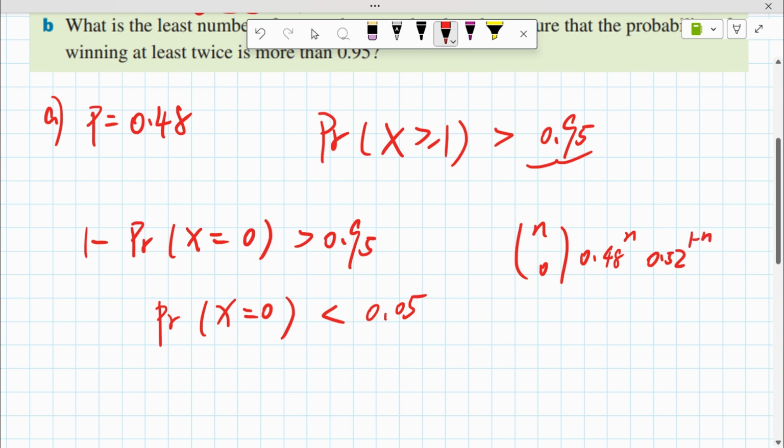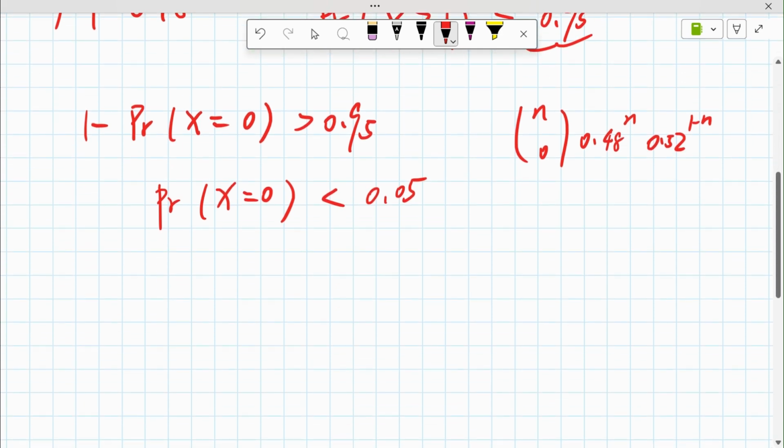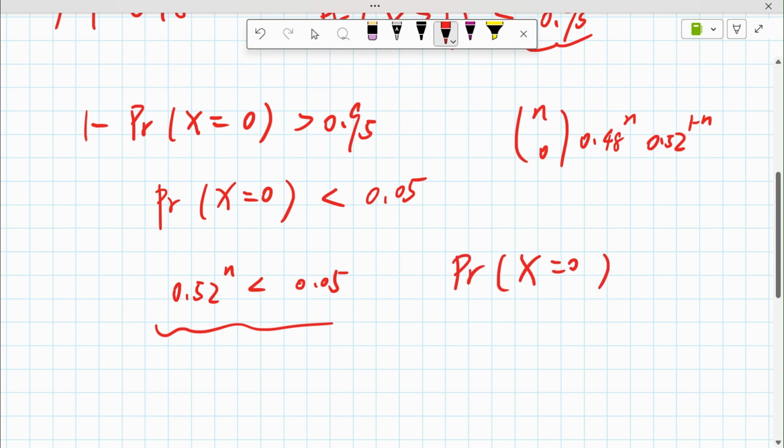So this is what we're gonna try to figure out. Now we can use the CAS calculator: 0.52 to the power n less than 0.05, because we know the probability of x equal to 0 is equal to 0.52 to the power n.